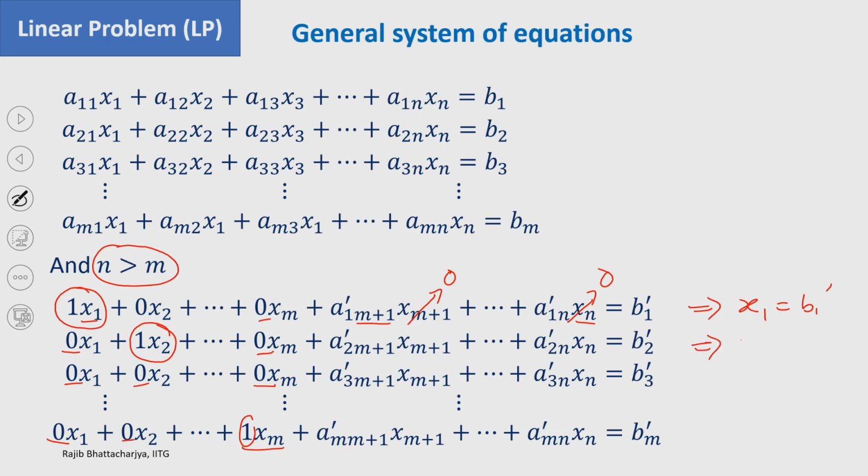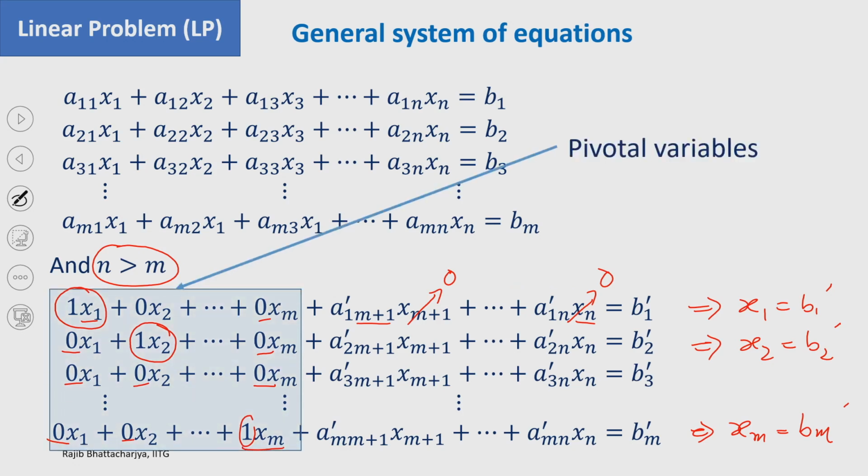Similarly, x 2 equal to b 2 dash, and for the last equation x m equal to b m dash. So, this is one possible solution.